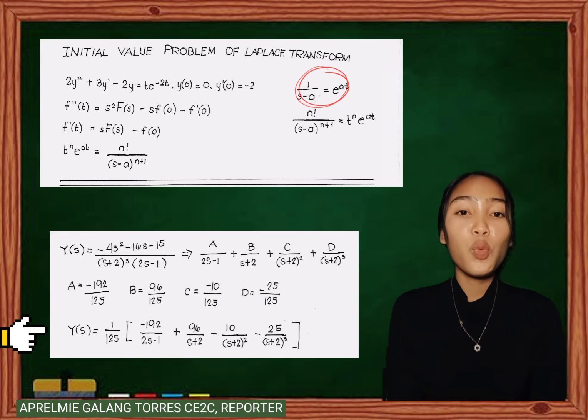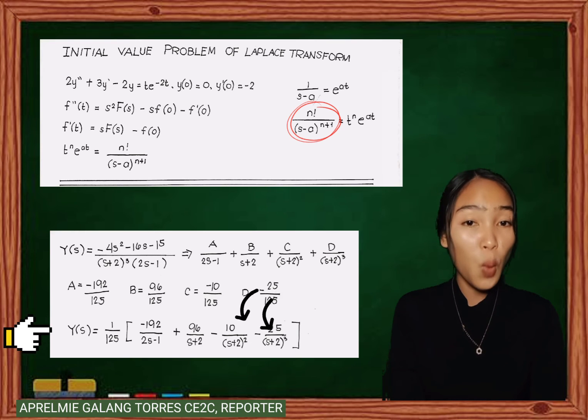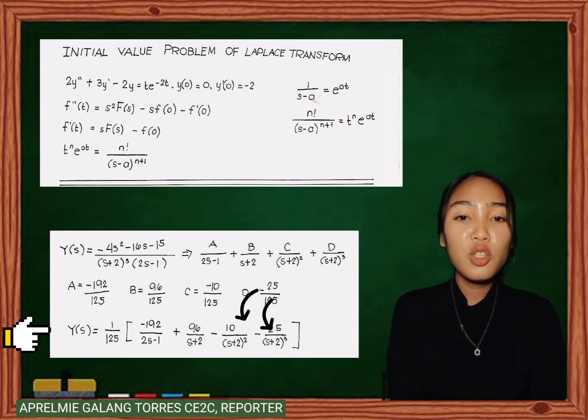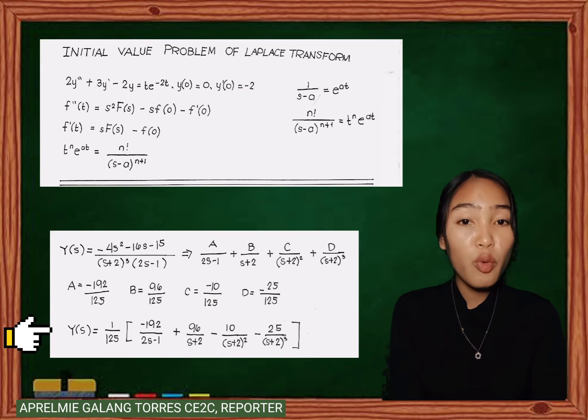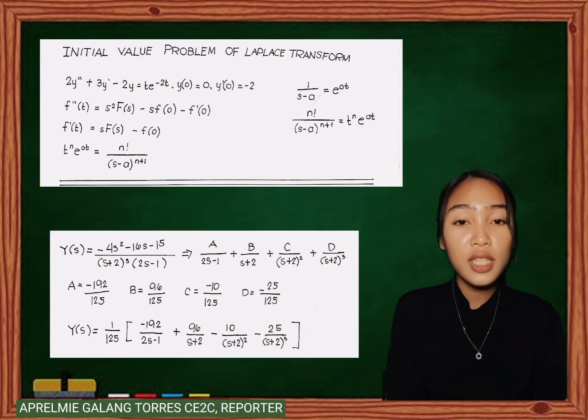And then we have the second formula here for n factorial over the quantity (s - a) raised to the n + 1. We're going to be using the formula for these two. And basically, we're going to be performing the inverse Laplace transform. That's the final step that we need to do in order to solve for the function y(t) and therefore have solved our initial value problem.